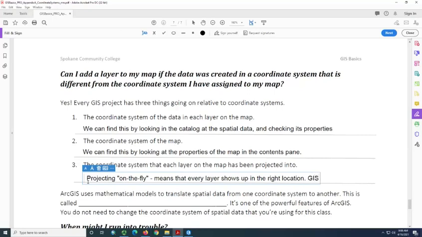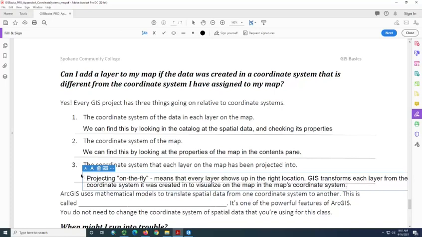GIS transforms each layer from the coordinate system it was created in to visualize on the map in the map's coordinate system.